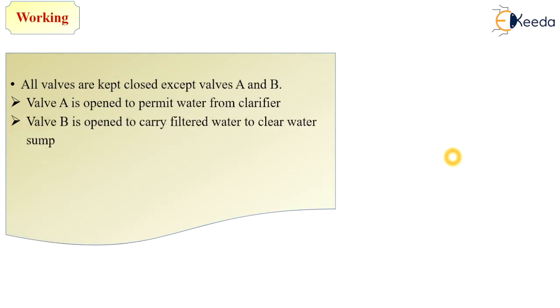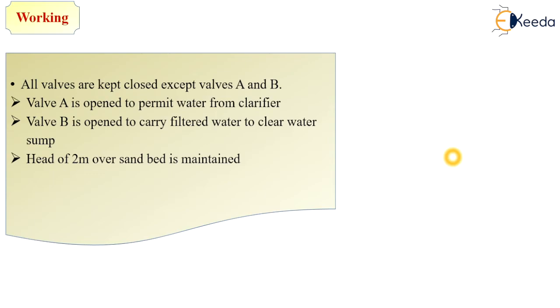That is, this valve is placed at the inlet pipe. Then valve B is opened to carry filtered water to the clear water sump. That valve is placed at the outlet pipe. So once the filtration takes place, the treated or clean water can pass through this outlet pipe when we open valve B, which is placed at the outlet pipe.